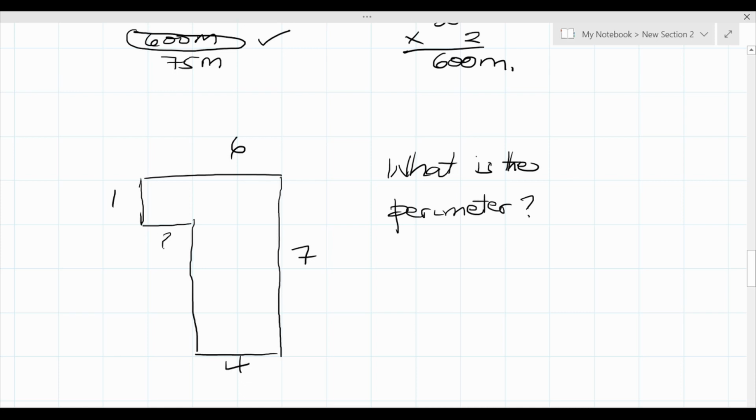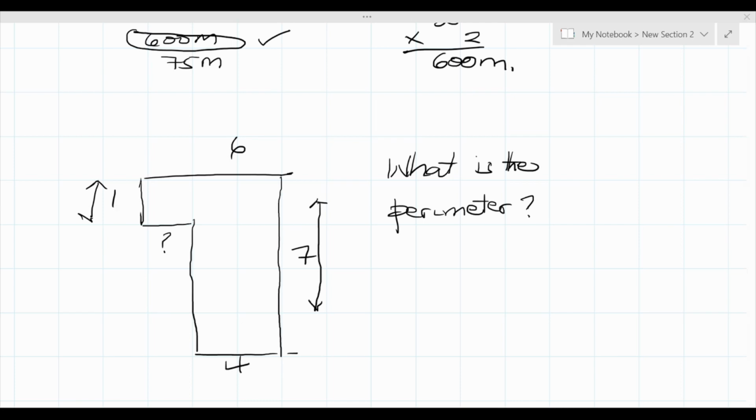I need to fill in what's there. How would I know what to put here? All right, so from here to here, all of this is 7. From here to here, this is 1.